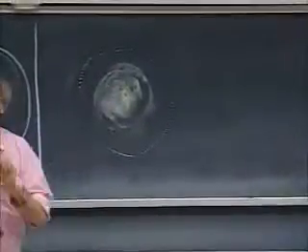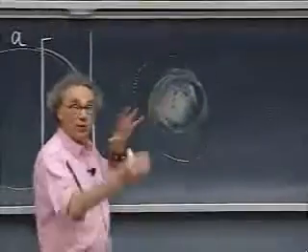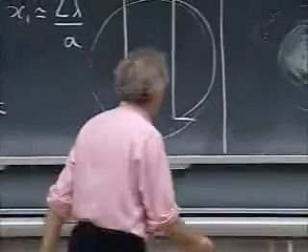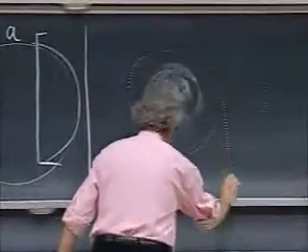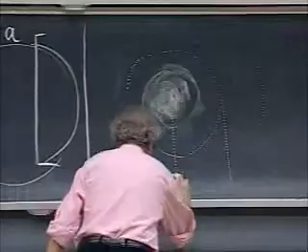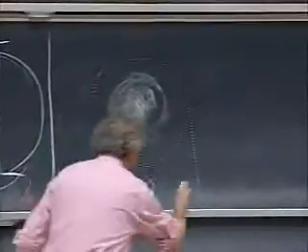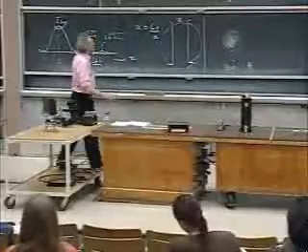So you have a little pinhole, and this is the image you would get on a screen from that pinhole. This angle from here to here, this is theta equals 0, and we call that theta 1. This is the theta 1 where you see your first 0.